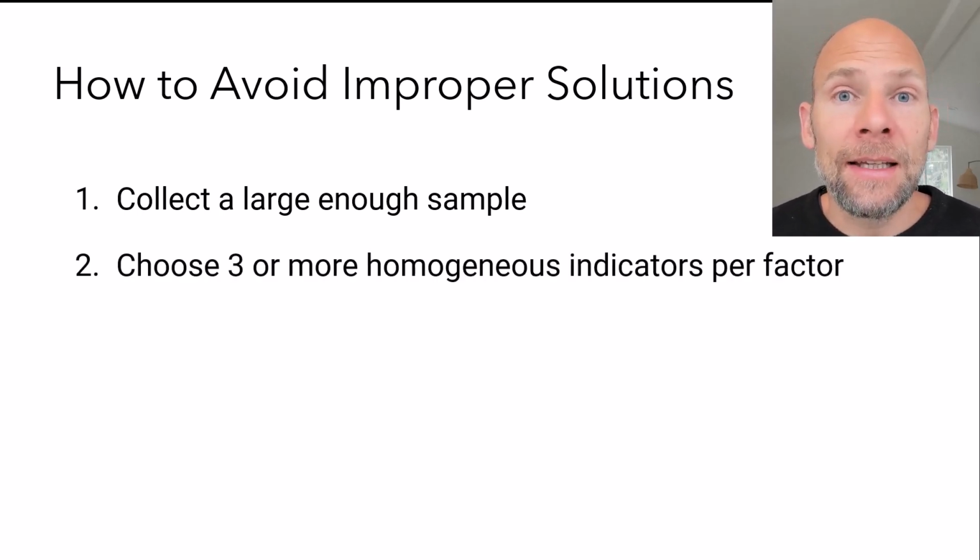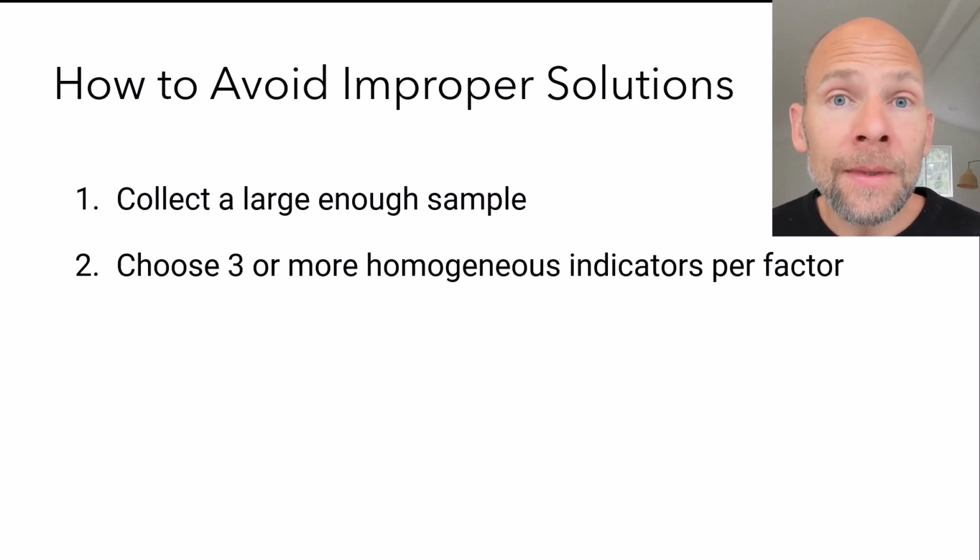Second, it is also an issue that is related to the number of indicators that you have per latent factor. Specifically, when you have factors that have only 2 indicators, we tend to see a higher occurrence of improper solutions. So you want to ideally have 3 or more indicators per factor, which can help you prevent improper solutions.